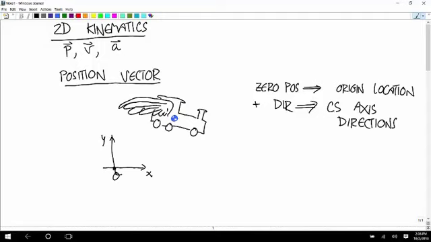And once you choose those, you can draw a vector that goes from the origin to the point that you care about, and this is the position vector.